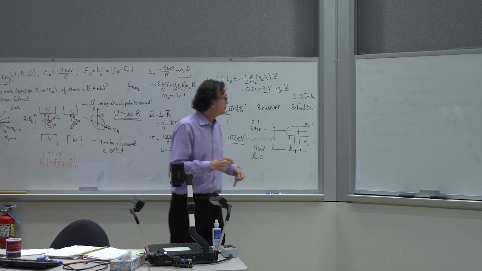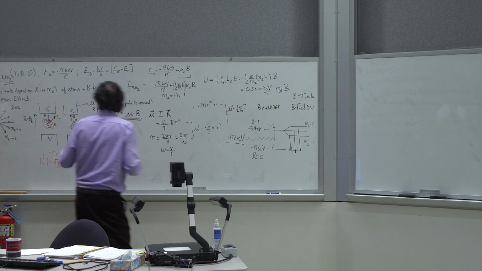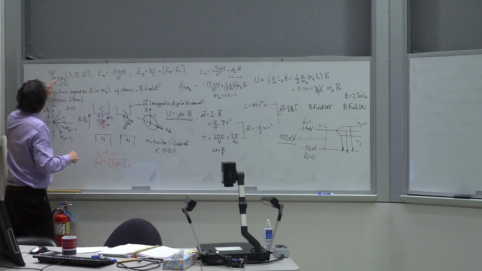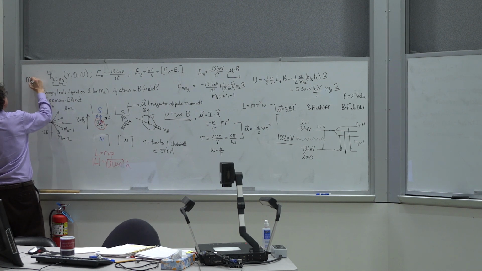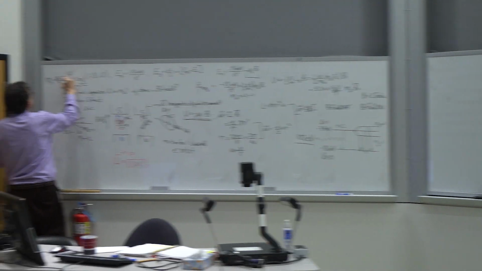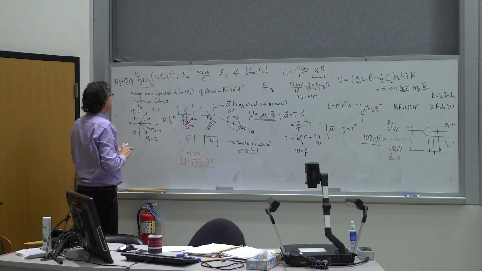In addition to having different values of N and L and M sub L, you can have two values of M sub S, the spin angular momentum, which can be equal to plus h bar over 2, or minus h bar over 2. These are two values of m sub s.